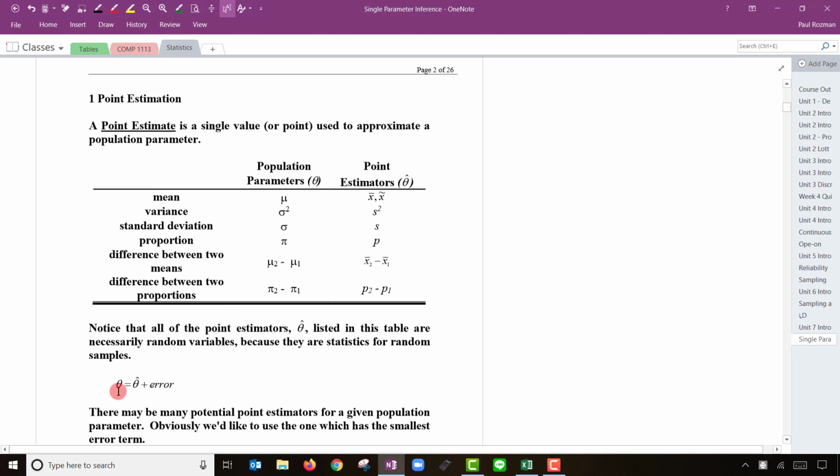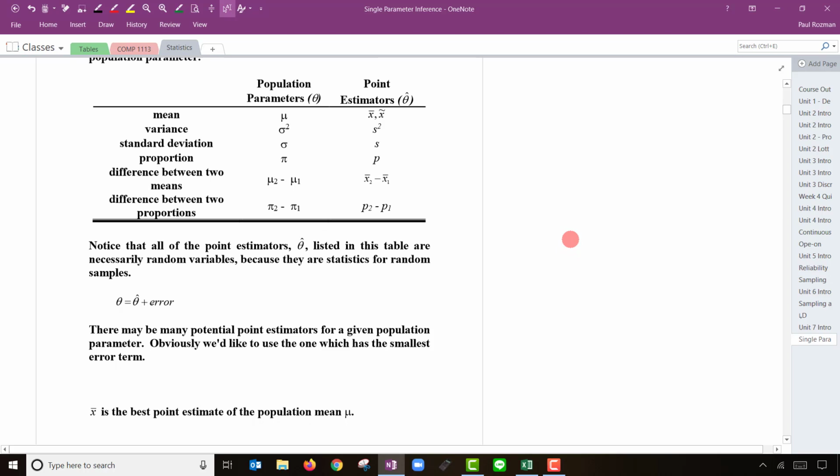So I have some population parameter theta, and I'm going to estimate it with theta hat. And my theta hat will most obviously have error. And our goal is obviously to minimize the error. So we want to come up with the best estimate.